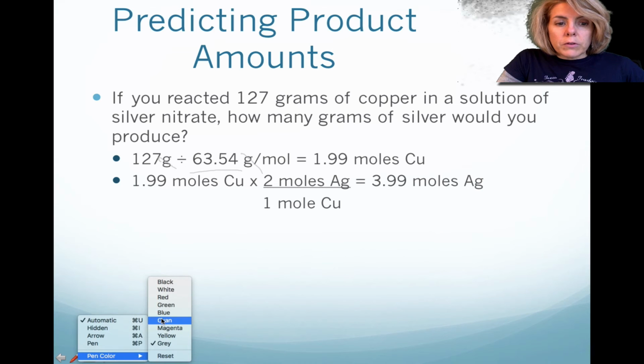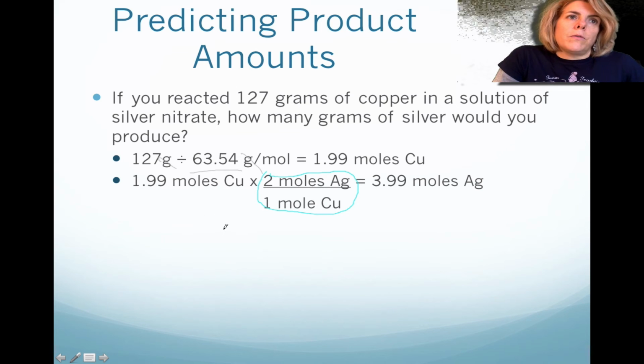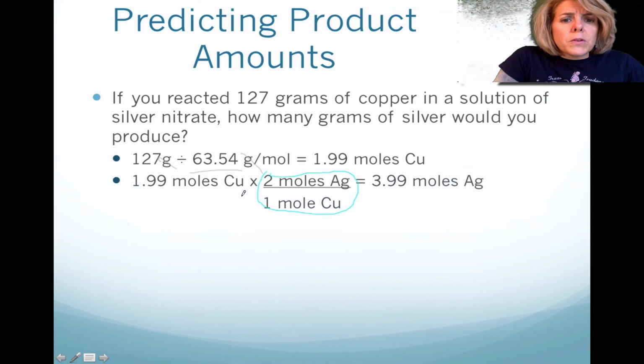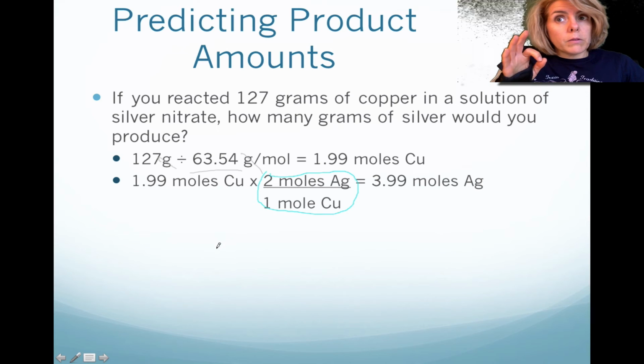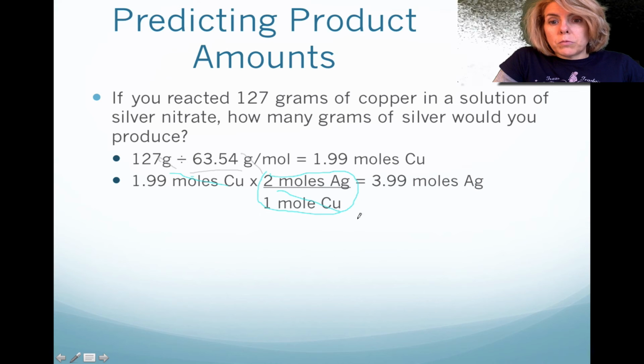So mole ratio is just two molar amounts of different substances. And notice that we're using the coefficients that were in front of each in the chemical reaction. That is really important. So once we take the moles of copper, notice that moles of copper cancel out and we're left with moles of silver. So we essentially doubled the amount of copper, and that became the moles of silver.